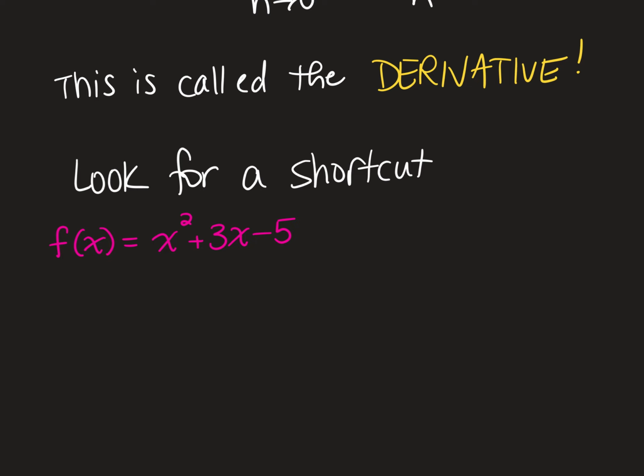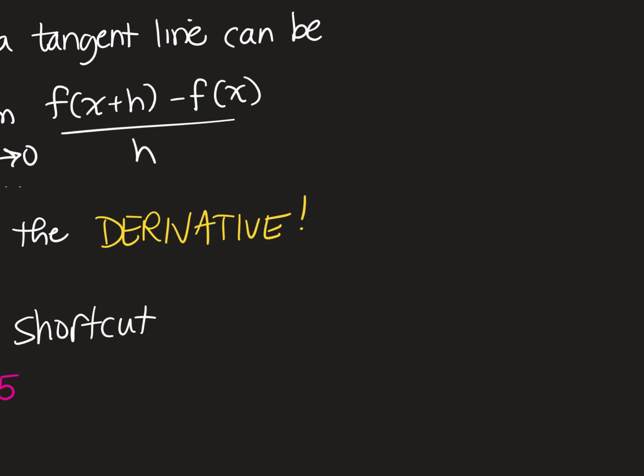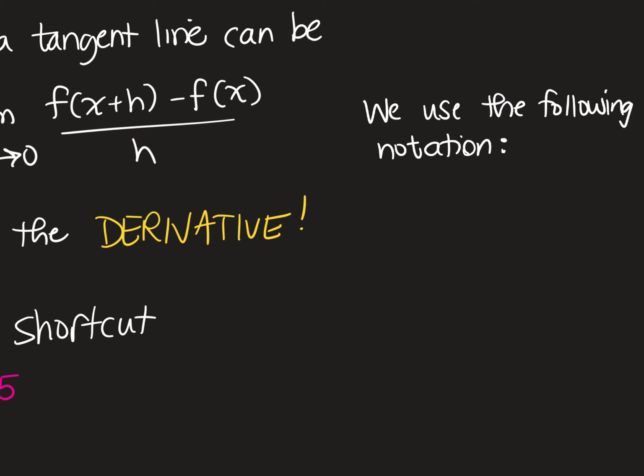Oh, before we get to that, I apologize. We need some notation. How do we write the derivative? So we use the following notation. There's really one that we use a lot to represent a derivative, and that is f with a little dash.